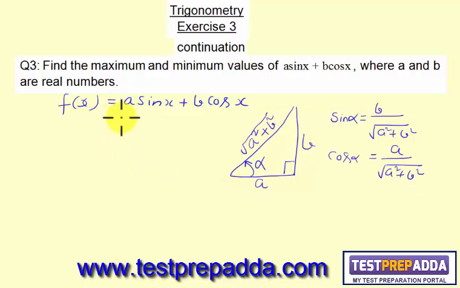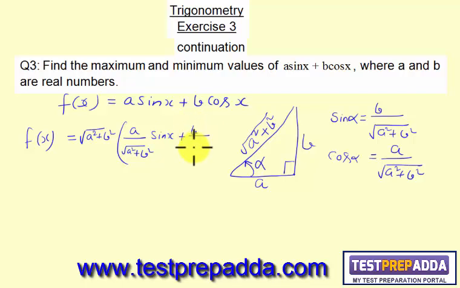Now, in this a sin x plus b cos x, I divide and multiply root a square plus b square, then I'll write this as a upon root a square plus b square sin x plus b upon root a square plus b square cos x.